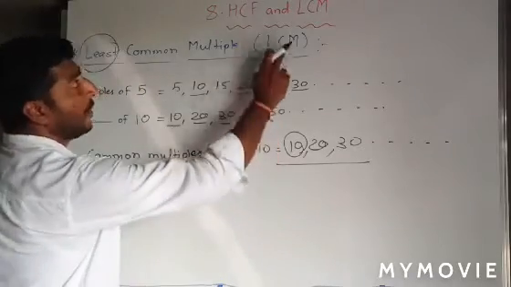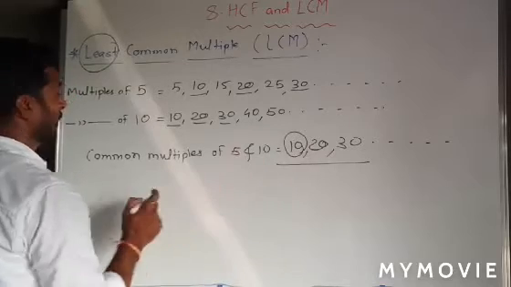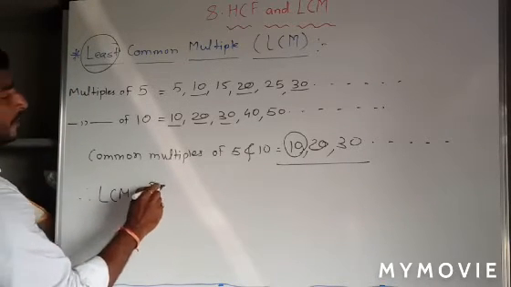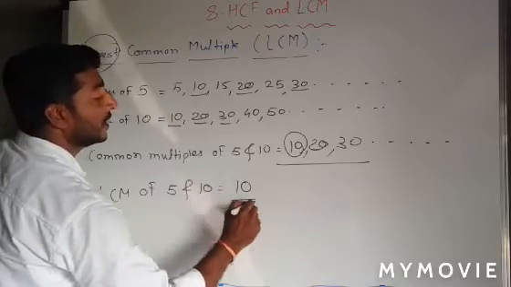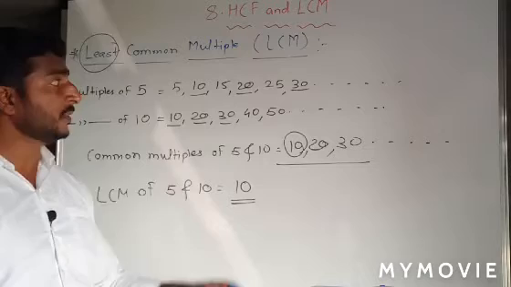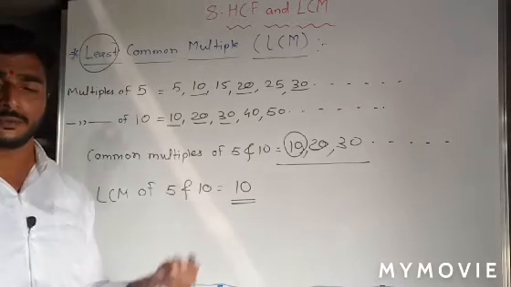So the least common multiple of 5 and 10 is equal to what? The answer is 10. So 10 is the LCM of 5 and 10. In this way you can find the LCM of any given 2 or 3 numbers.